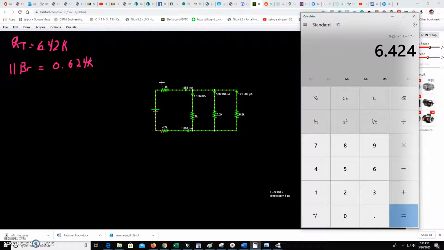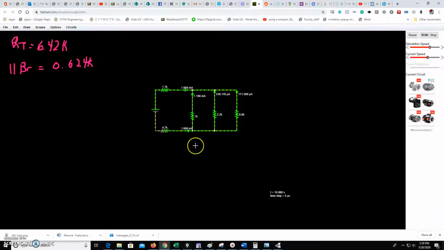So we can see that. We could also unhook the source and unhook some things and actually measure with an ohm meter across these parallel branches. But we can do that even so. I'll come down here and draw a resistor, and we'll add another, and another.